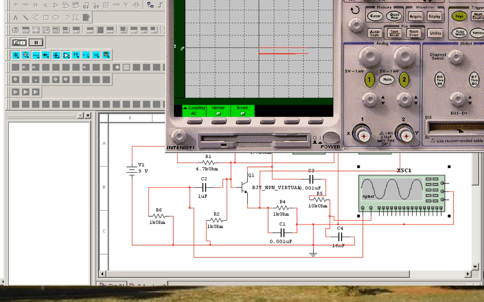There is some noise there. I mean, I generally want to be in the microvolt range.